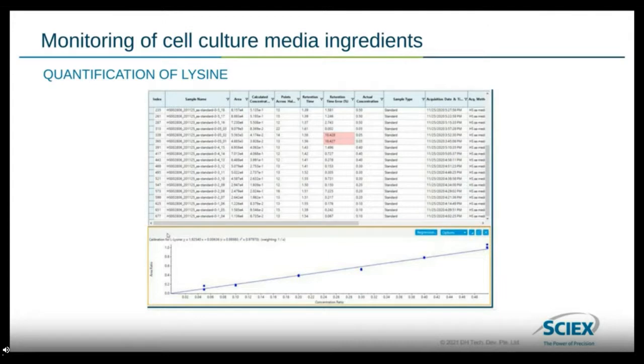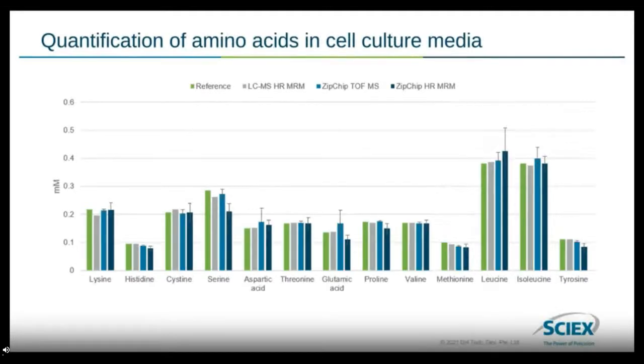So we did just a calibration curve and spiked in amino acid standards. You can see it's very linear, it's very reproducible. Each point is a triplicate. So this is really a quantitation you would expect from a triple quad instrument or from LCMS analysis, which is the gold standard for this kind of analysis.